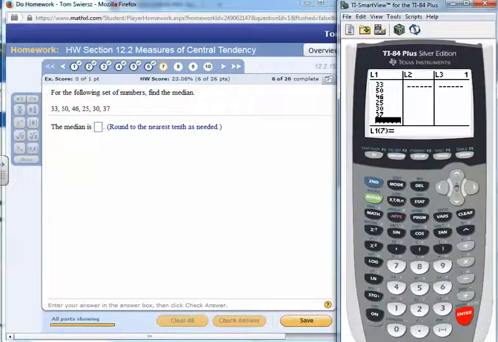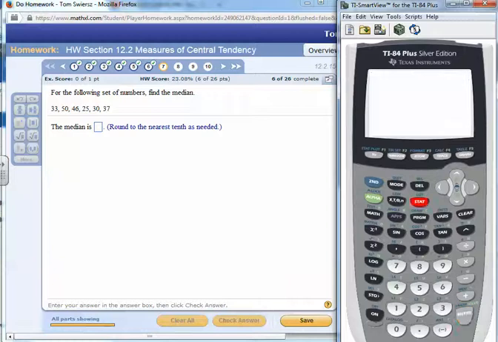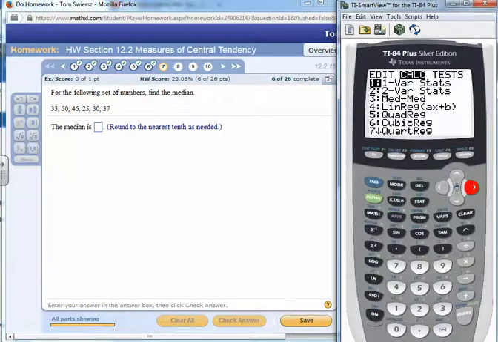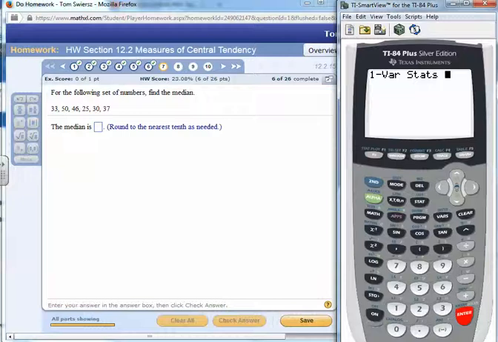Now, what we can do is we can go to Stat. Now we need to do the calculations. It's always one variable. In this case, I only have raw data, so it's only L1. For your calculator, you're going to do L1 for the list, leave the frequencies blank, the second line blank, and then go to calculate and hit enter. Now, what you do is, remember, it's the median.